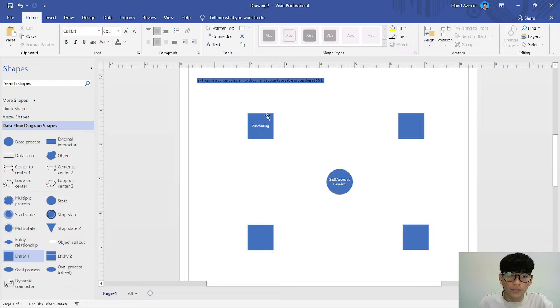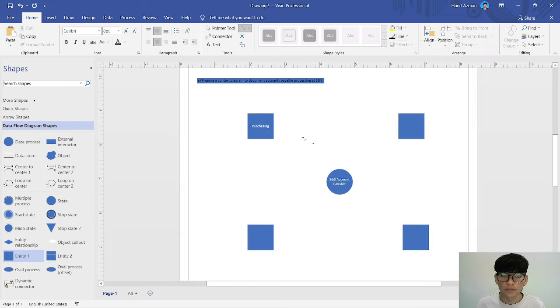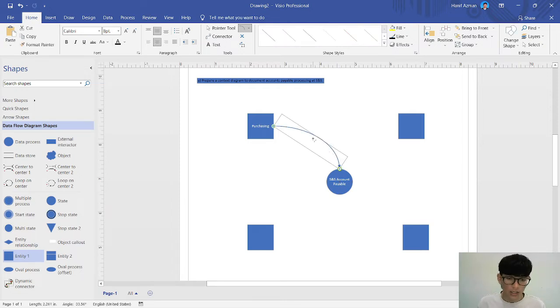The square here means a data source and destination, the department that sends data to and receives data from the system. The system is S&S accounts payable. Purchasing sends to S&S accounts payable the purchase order.